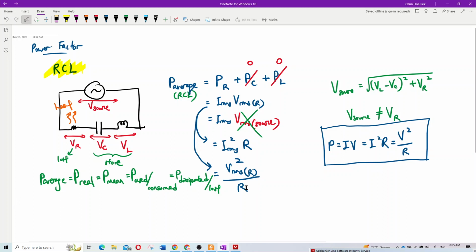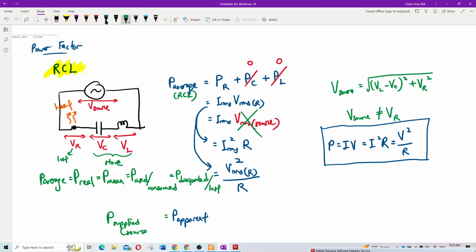So that's average power. Now another power you are going to learn is apparent power. Or we can say this is the power supply, or power supplied by the source.